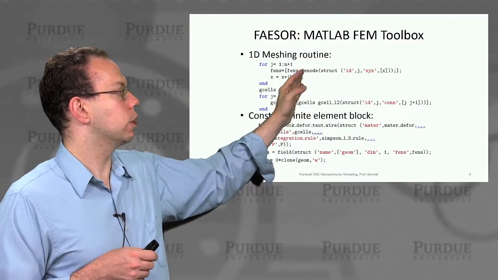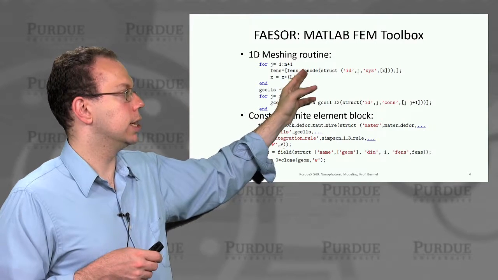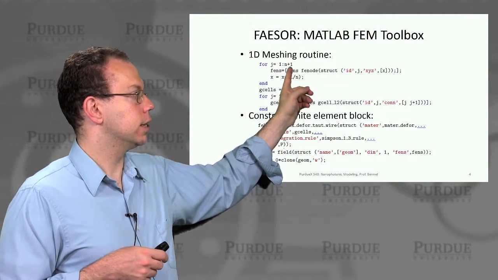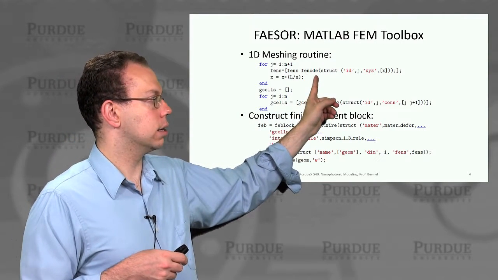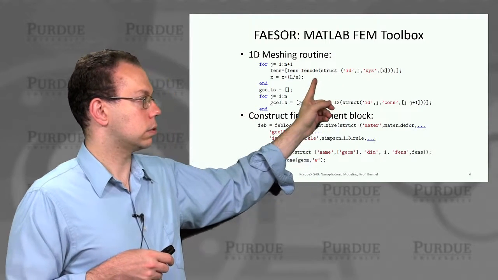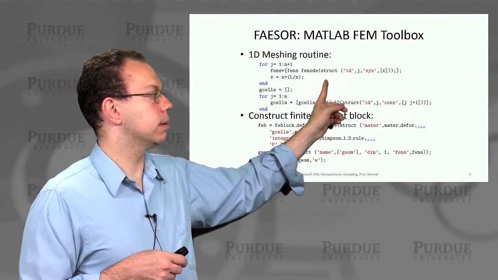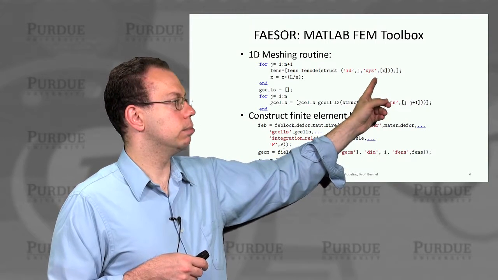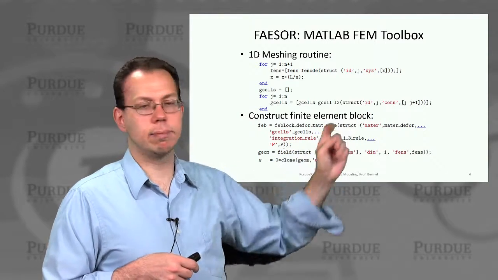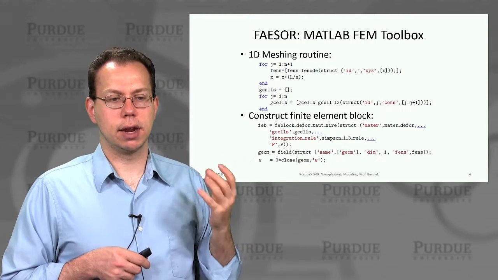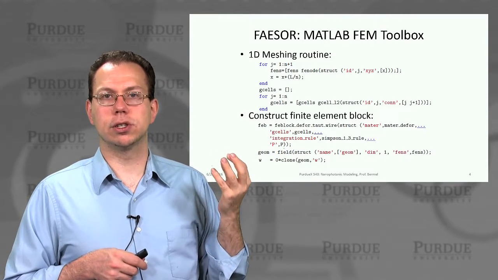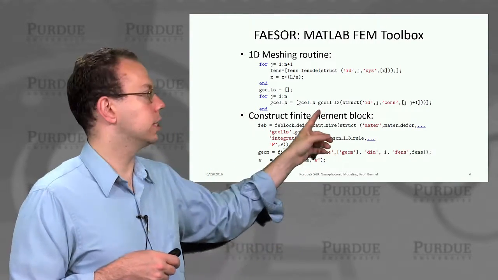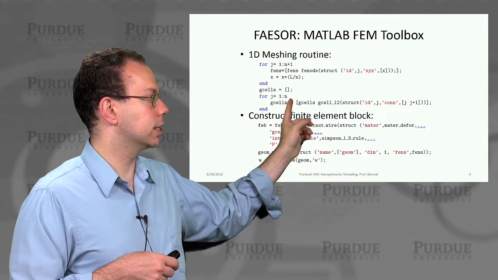So if we perform a 1D meshing routine in this sort of toolbox, then you can see that the approach is fairly straightforward. You would have to have some sort of strategy about the dimensionality of the system in order to create nodes and then make connections between the nodes. And of course, when you create the mesh, usually the goal is to have a relatively sparse matrix here.